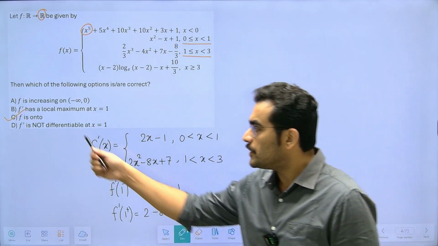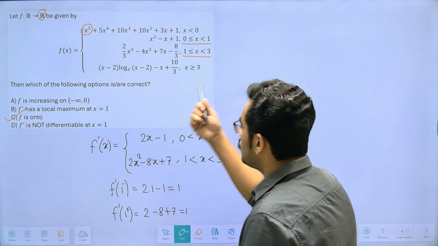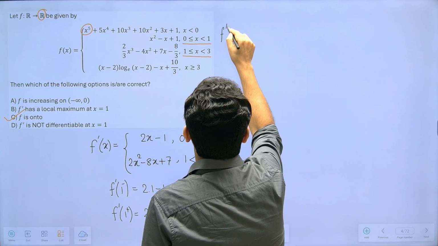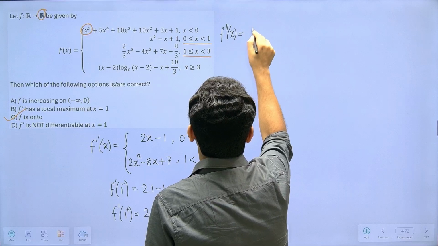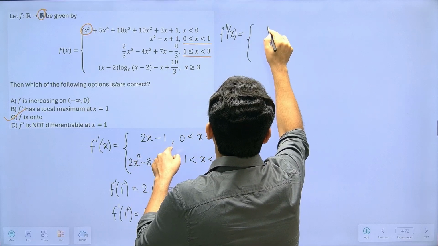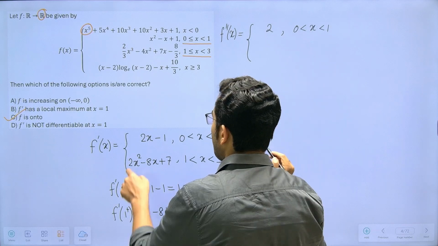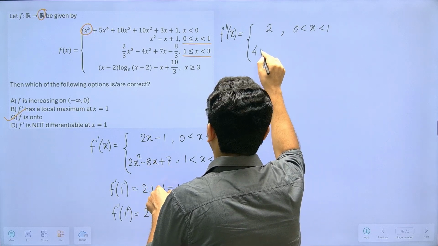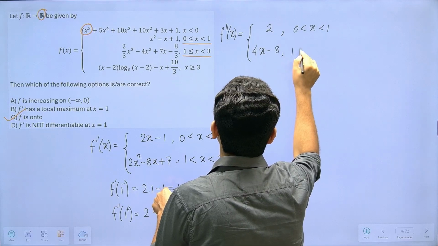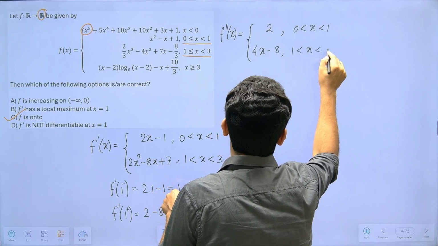So now let us go for the differentiability at x equal to 1. So let us go for the double derivative. f double dash x is equal to 2 when x lies between 0 to 1, and for this function the derivative is 4x minus 8, from 1 to 3.